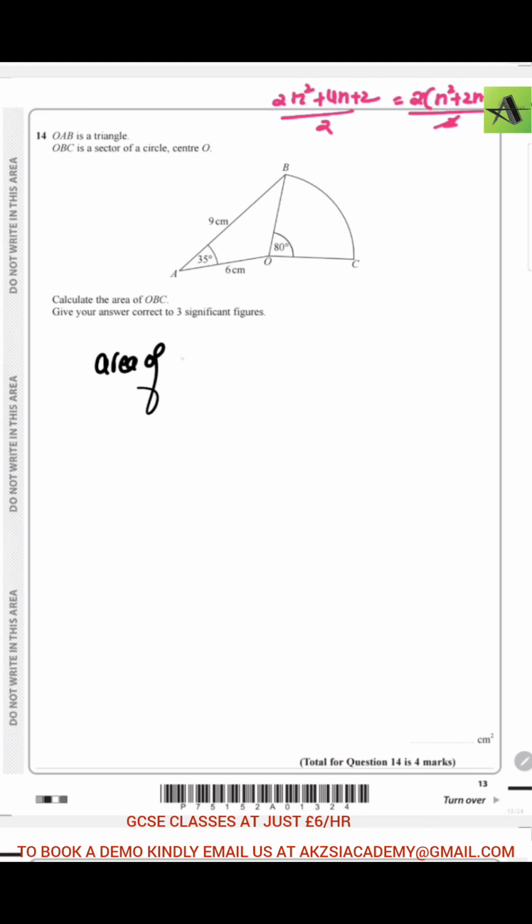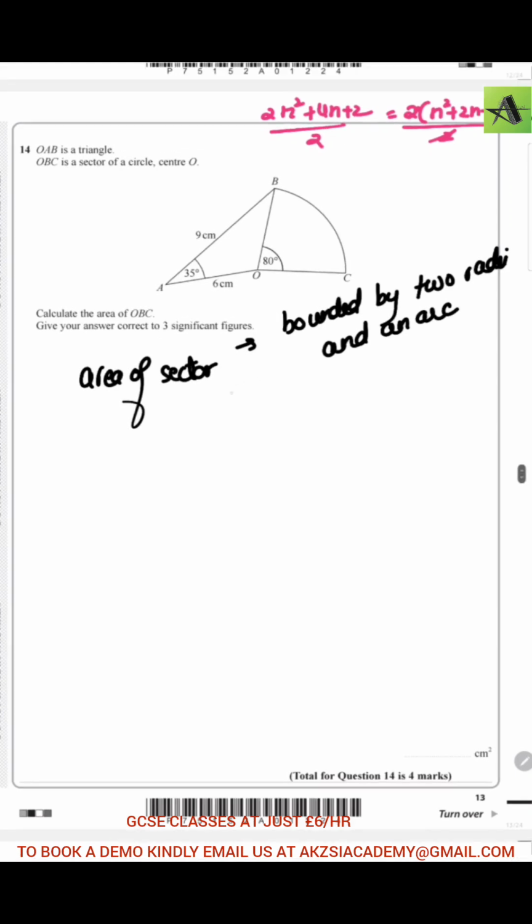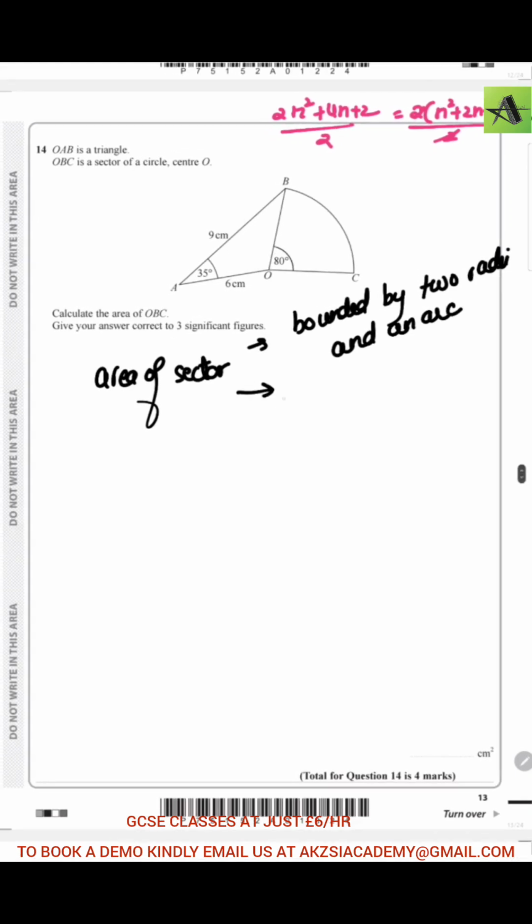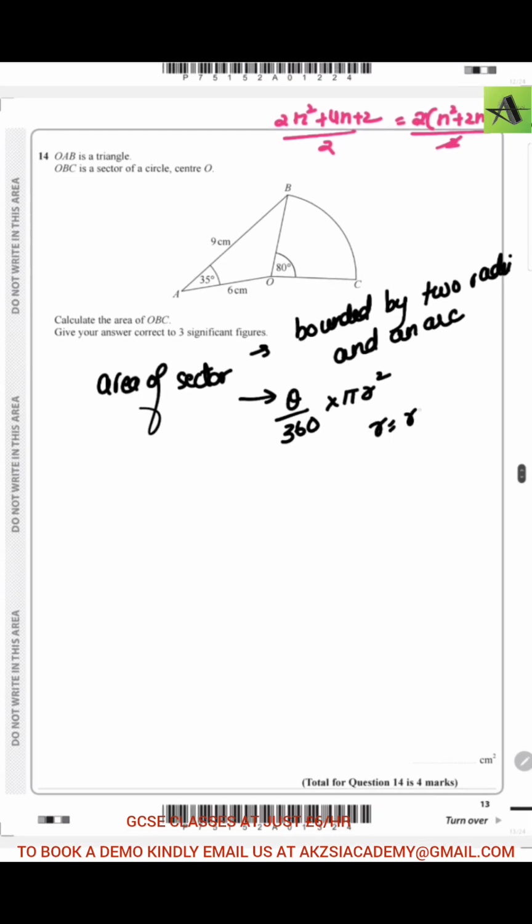Area of a sector. A sector is what? Bounded by two radii and an arc. So its area is theta over 360 times pi r squared, where r stands for radius.